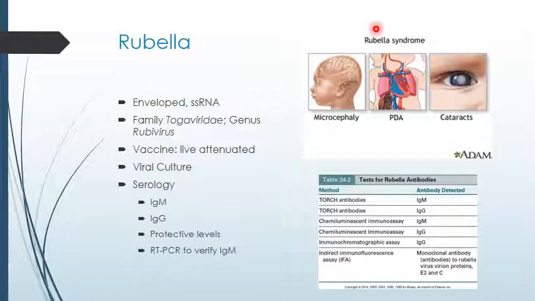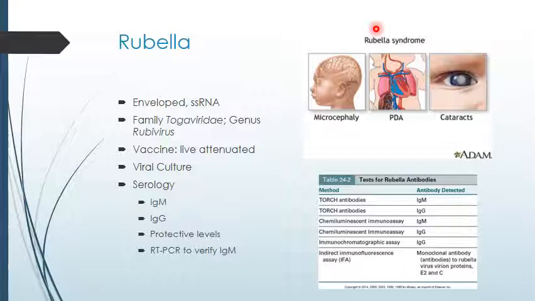For most of us, it's probably a benign, self-limiting disease. You're uncomfortable, you're not feeling well, but for an adult, it's not really going to be a terrible thing. However, similar to chickenpox, in adults it is a more serious disease. It's more painful, it's a bigger rash, the whole thing.